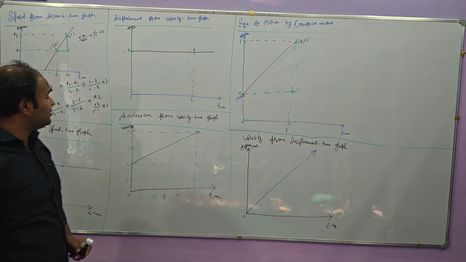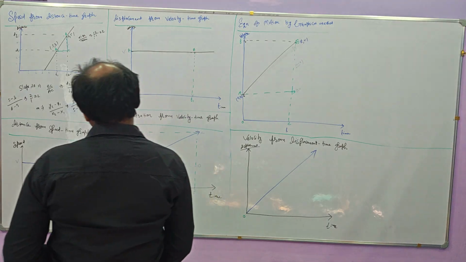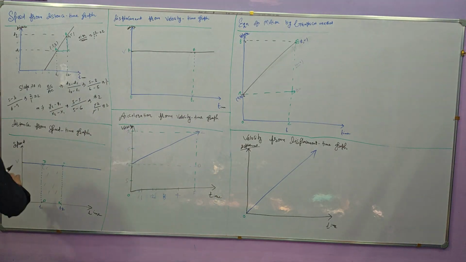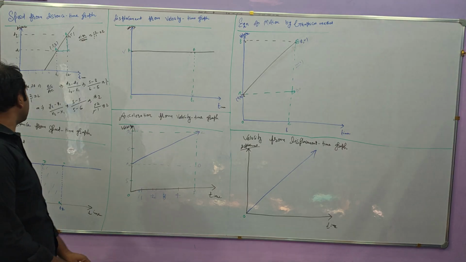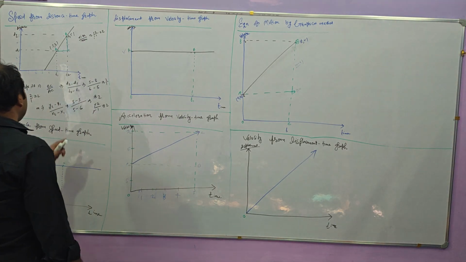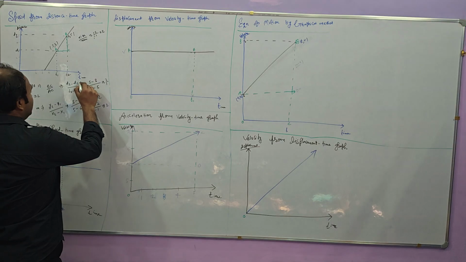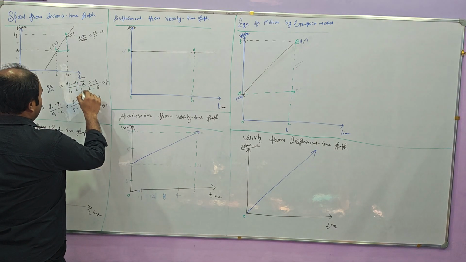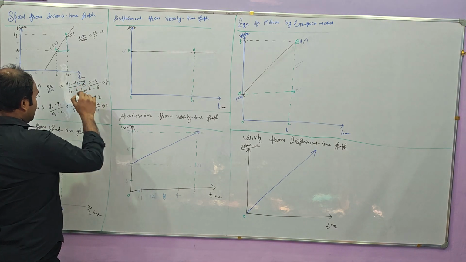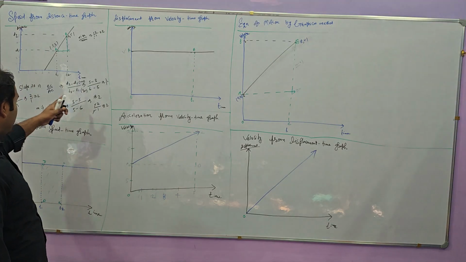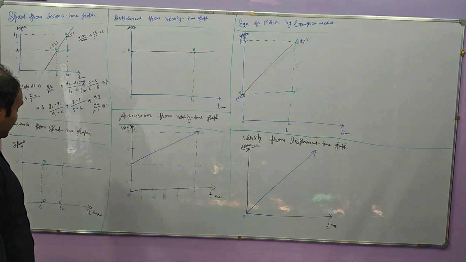It doesn't matter which one is y1 and which one is y2. We get the slope, and that is speed, in meter per second, because distance is in meters and time in seconds. And slope AB is equal to meter per second.